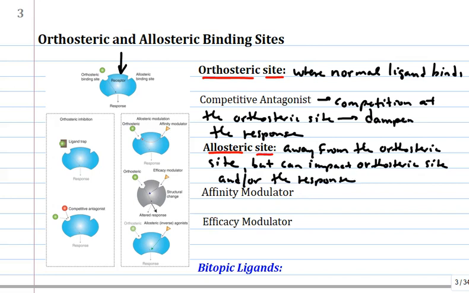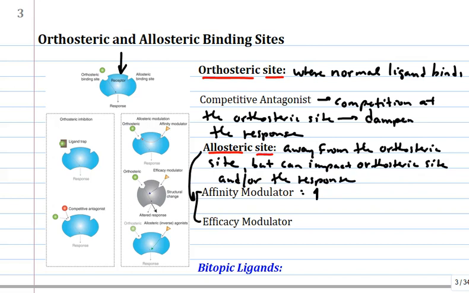Okay, let's go into greater detail about this, because there's two types of allosteric modulation when we talk about receptors. Both of these are allosteric. There's something called an affinity modulator. That's a molecule that can bind in the allosteric site and really control the binding constant of the normal ligand in the orthosteric site. It's an allosteric binder that modulates the affinity of the normal ligand for the orthosteric site.